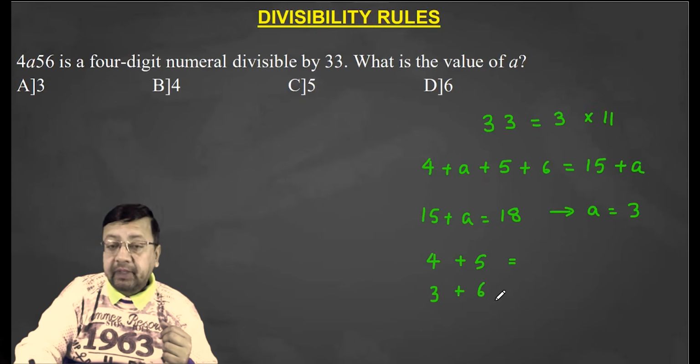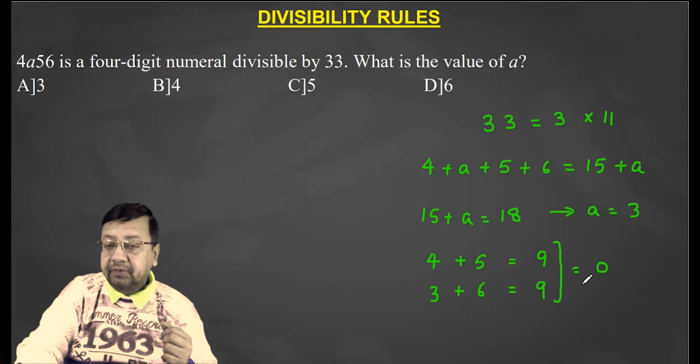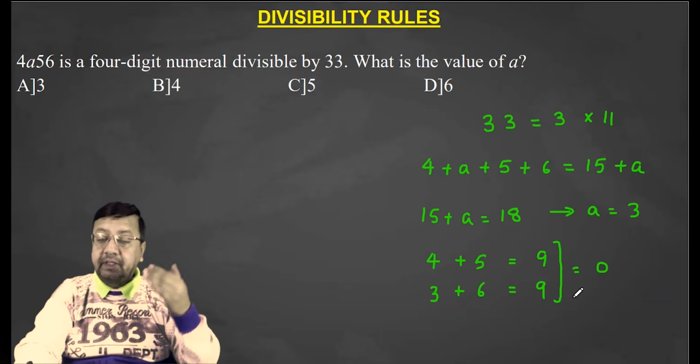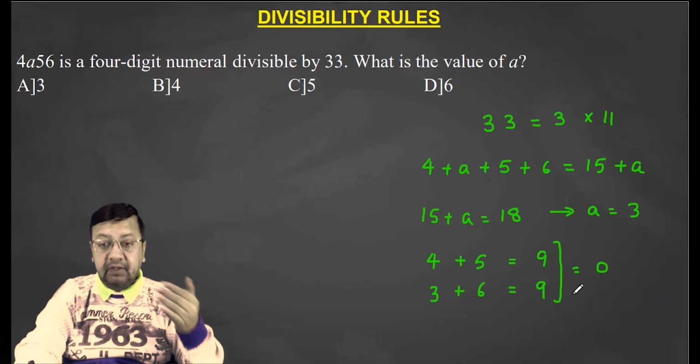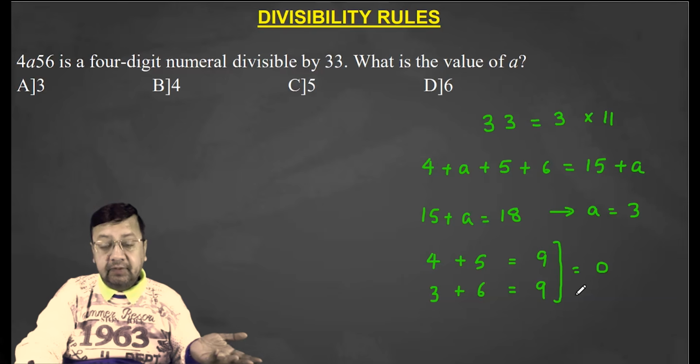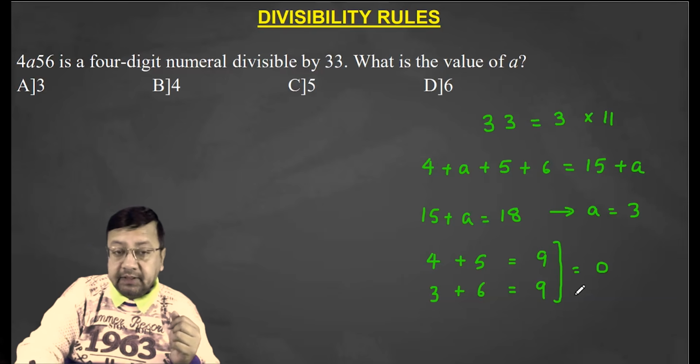This is the other set. 4 plus 5 is what? 9. 3 plus 6 is what? 9. Taking the difference of these, you are getting what? 0. So what is the rule for 11? If the difference is coming out to be 0 or 11 or 22 or 33 or some multiple of 11, then the number is divisible by this, right?